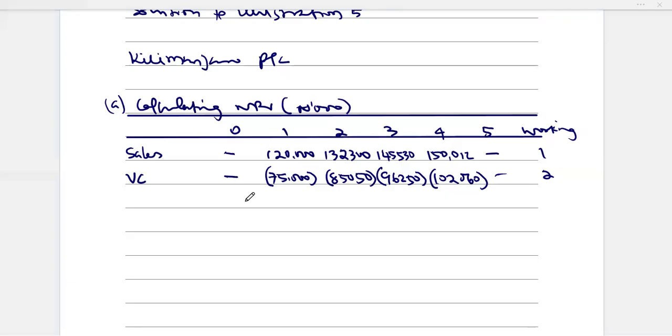All the cash flows we have in the question are relevant, because you are told the unit selling price, unit variable cost, and fixed overhead cost excluding depreciation. You remember I told you there are 3 ways the examiner can test fixed cost.